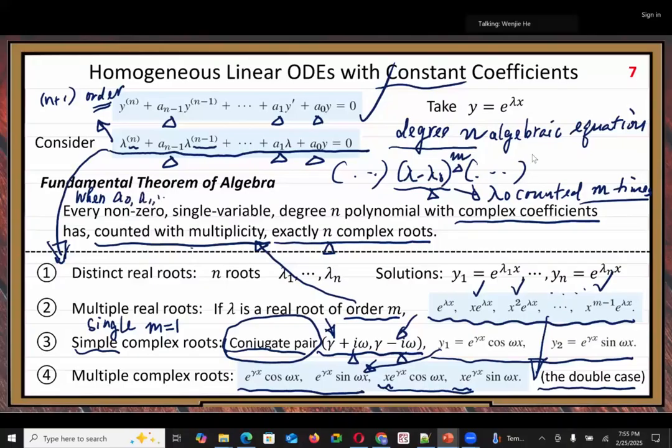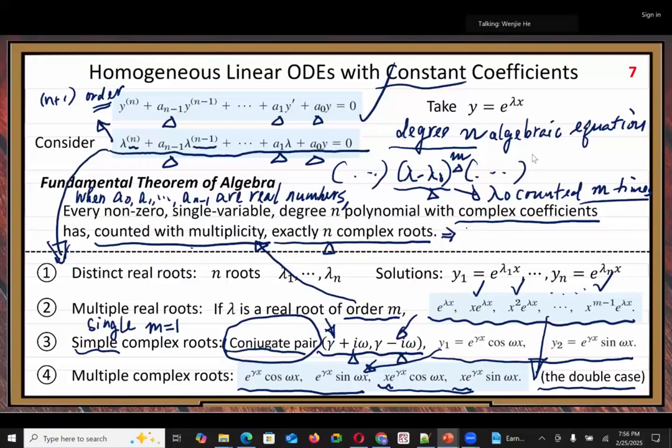a1, and so on, all these coefficients are real numbers, then you have the conclusion. What's the conclusion?